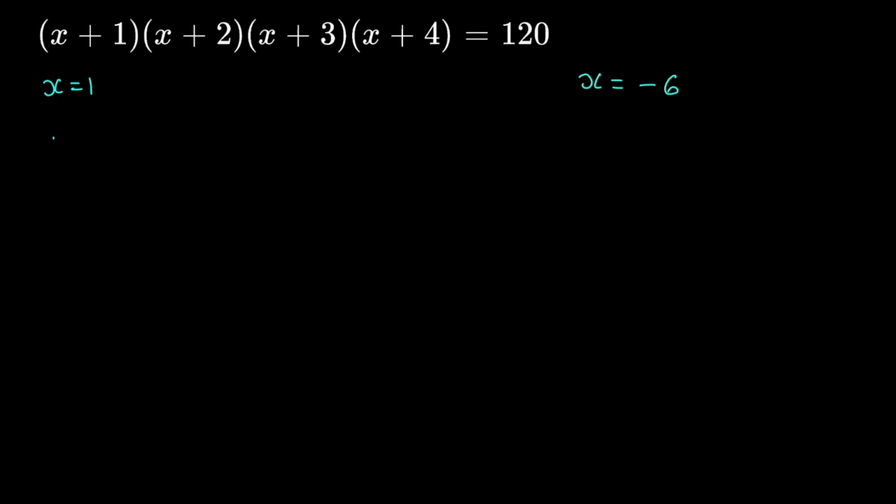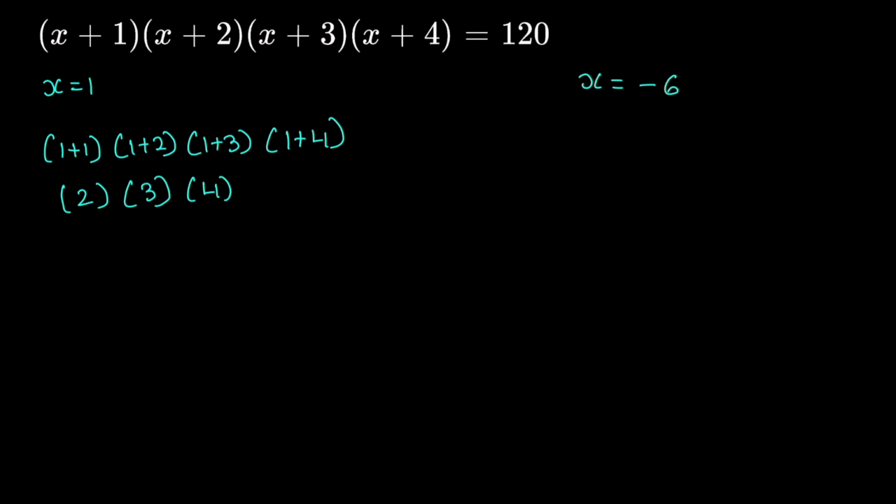Let's check our answers. Put x is equal to 1, we get 1 plus 1, 1 plus 2, 1 plus 3, and 1 plus 4. We get 2, 3, 4, and 5. 3 times 6 multiplied by 20 comes out to be 120. So this is correct.